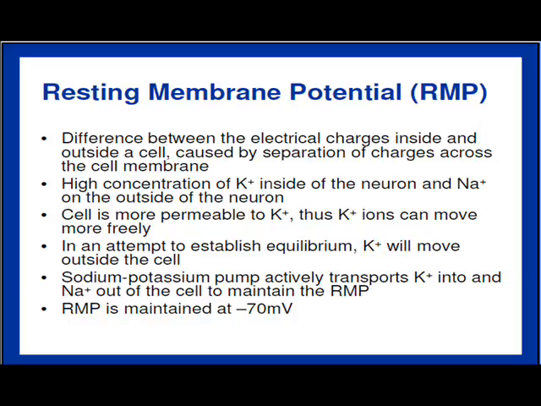Now remember, ions flow down a concentration gradient, if you recall. So sodium's going to travel in that direction, potassium's going to travel in that direction. Right? So you've got a positive charge coming in, you've got a positive charge leaving.